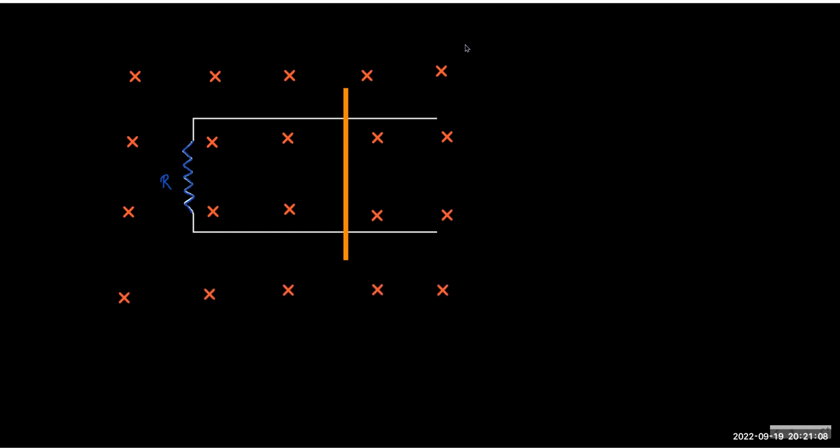So we can clearly see this is immersed in a transverse magnetic field. Let's call it uniform and transverse. Okay. Move it a bit here.